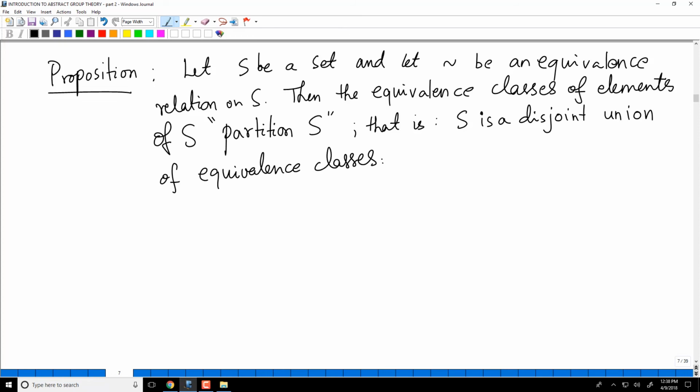Okay. So I will prove this in a minute, but what happens is that you start with a set S, you have an equivalence relation on this set.